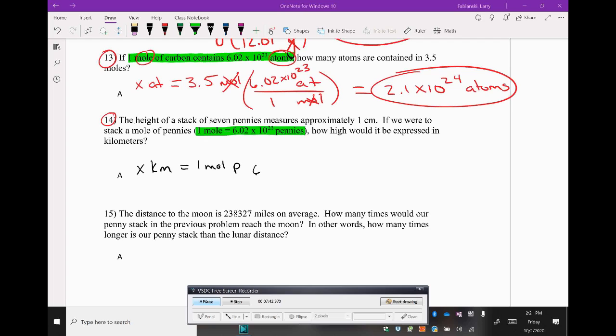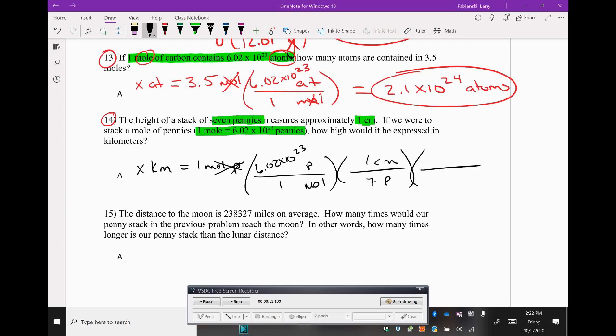So from here we could see we now need a conversion for moles. And we're going to take that and go to pennies. We know that 1 mole is 6.02 times 10 to the 23rd pennies. And here we have another conversion factor. 7 pennies is 1 centimeter. So here we can go 7 pennies is equal to 1 centimeter.